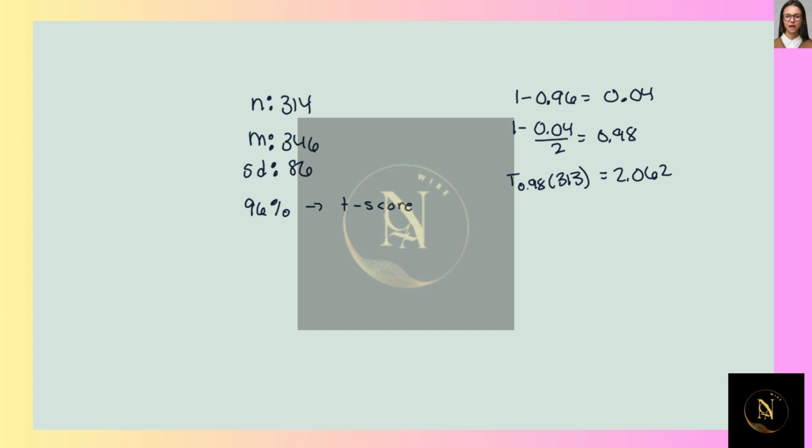Then you're going to do your mean of 346 plus or minus your 2.062 times your standard deviation of 86 divided by your square root of 314.